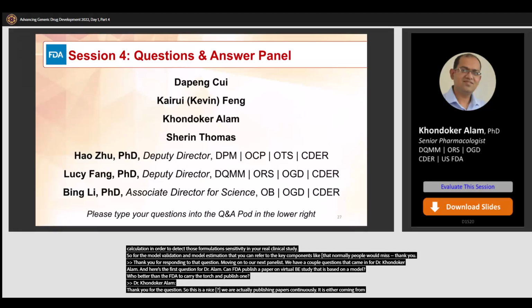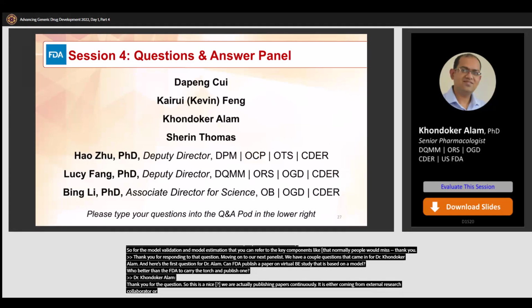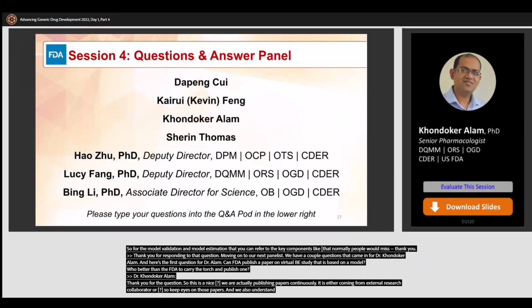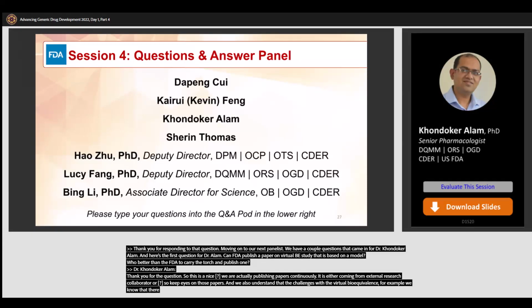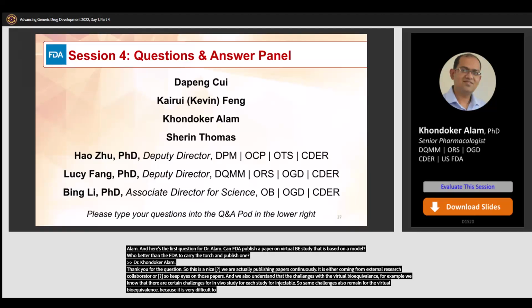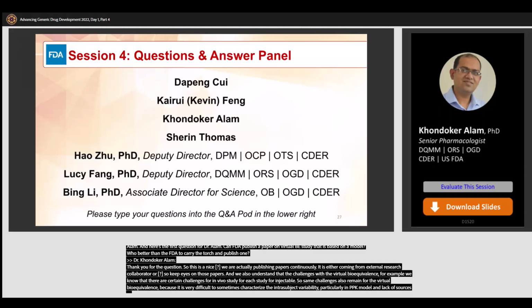And we also understand the challenges with virtual bioequivalence. For example, we know that there are certain challenges for in vivo BA study for each specific drug product. The same challenges also remain for virtual bioequivalence, because it is sometimes very difficult to characterize the intra-subject variability, particularly in PBPK models, and there is a lack of literature sources as well as a lack of understanding of how to incorporate those variabilities.